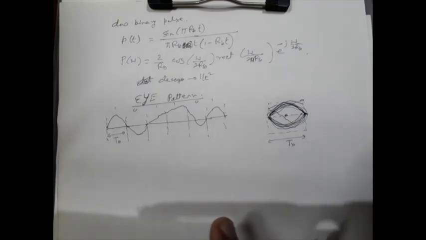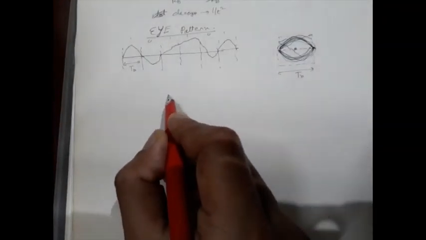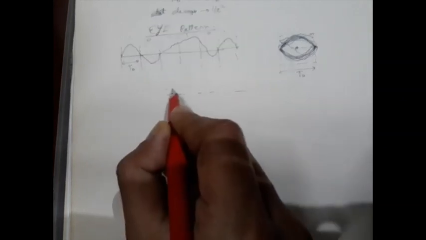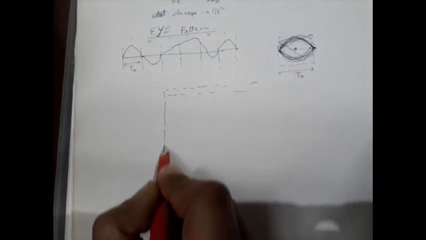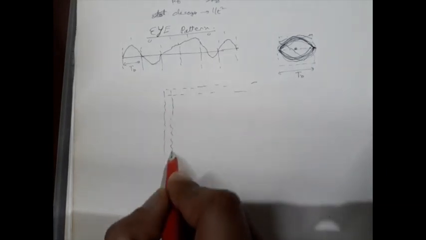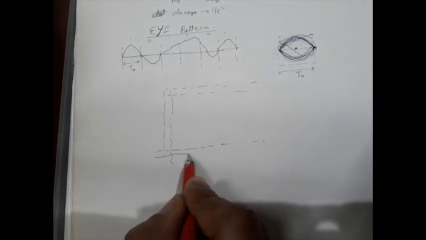Now to understand this eye pattern, let us try to redraw it, so that we can get some idea what information we can get from the eye pattern.